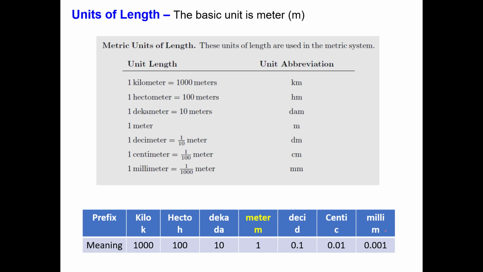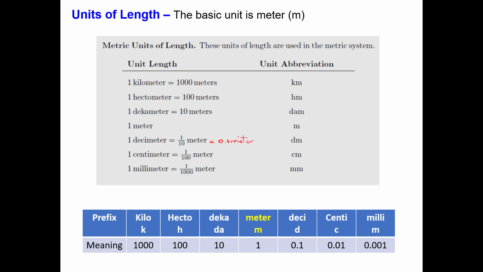Because the base unit is meter, we can write, for example, 1 kilometer means 1,000 meters. 1 hectometer is 100 meters. 1 decameter is 10 meters. 1 decimeter is 1 over 10 meters, which we can also write as 0.1 meter.